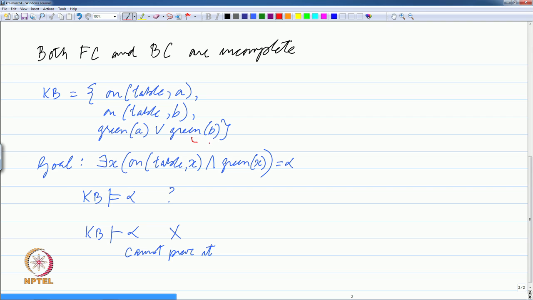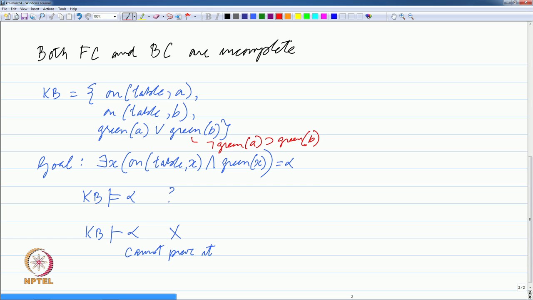You could say not green A implies green B. You could rewrite it as an implication and think of it as a rule, but it does not really help much essentially, because there is nothing to say whether A is green or B is green. We know that one of them is green, but not both essentially.